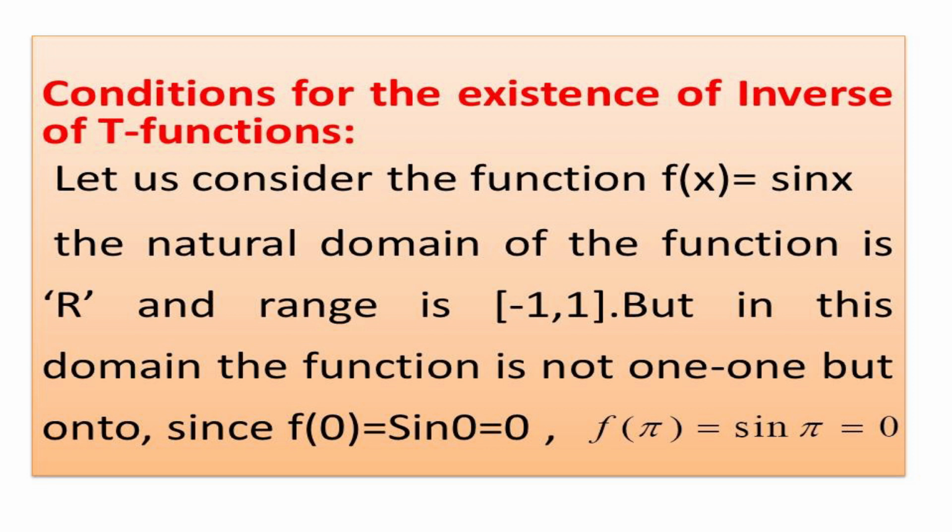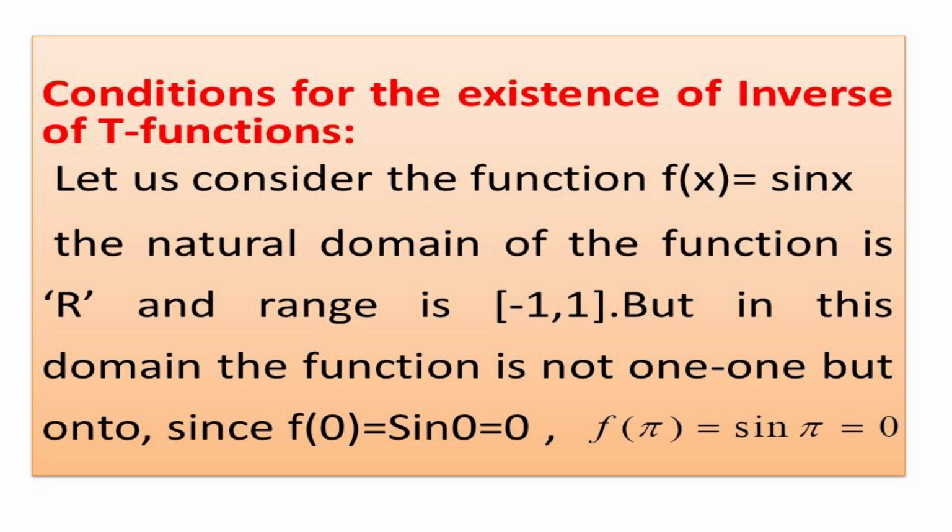Let us consider the function f(x) = sin x. Out of the 6, I have considered only one function, and likewise you can easily understand the other 5 trigonometric functions. So, let us first consider sin x.